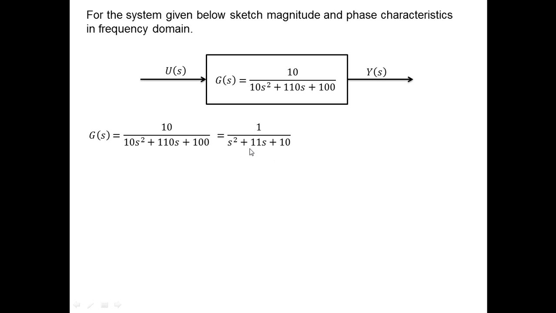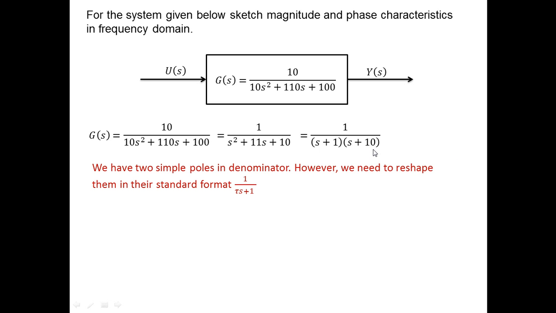If I find the roots of this denominator, I will find that I have two simple poles, one equal to minus 1 and another one equal to minus 10. In order to plot this transfer function, before that I need to make sure that all poles or zeros are in the standard format.